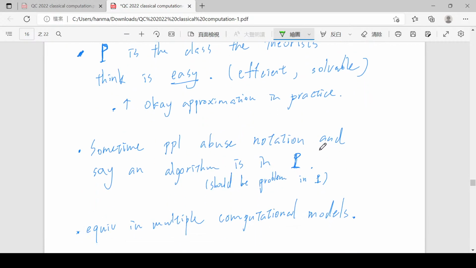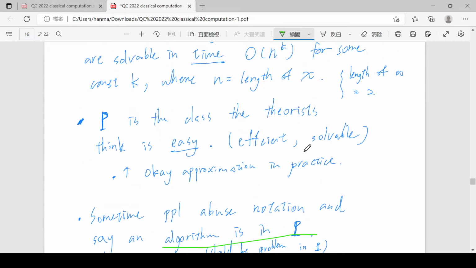So it's actually a misuse of notation to say your algorithm is in P. You should say your algorithm is polynomial time, but the algorithm is not in P because P is a set of problems, not algorithms.